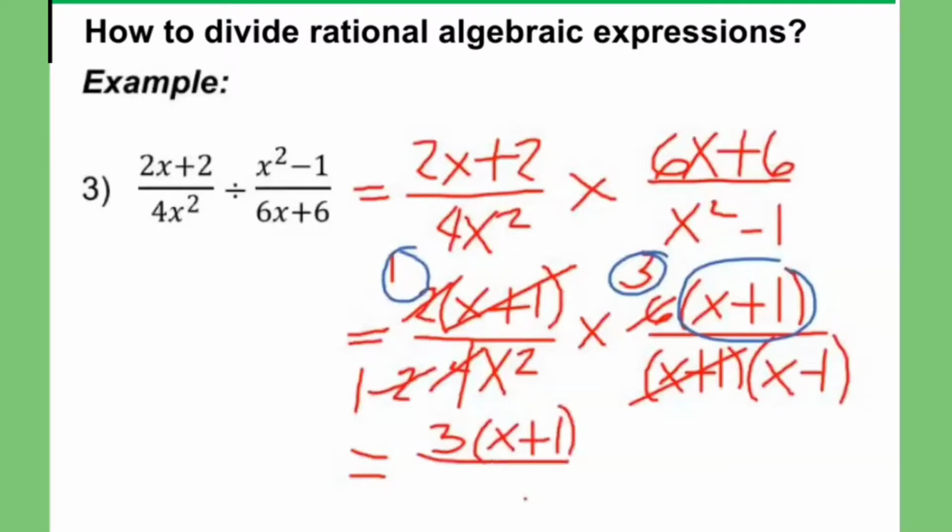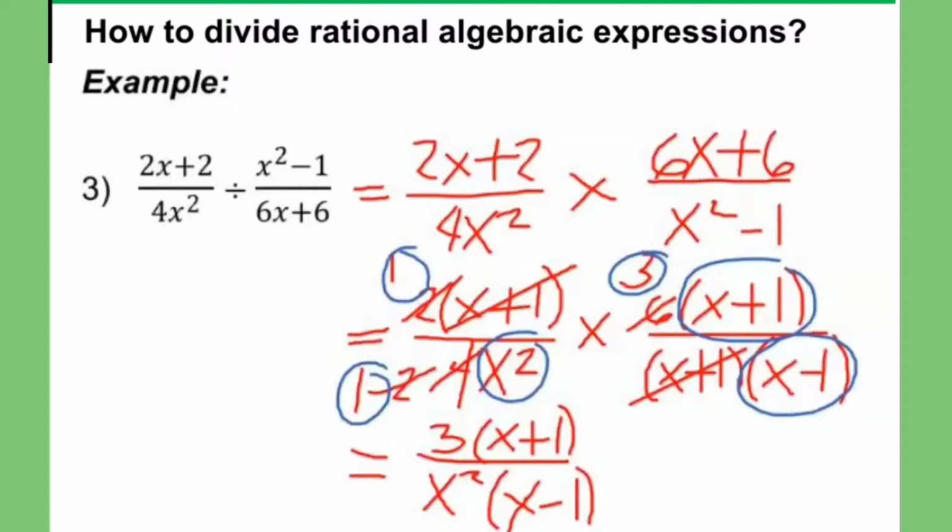And in the denominator, we have 1, x squared, and x minus 1. So, 1 times x squared is x squared. And we just copy x minus 1 for the meantime. And finally, we multiply to get our final answer. 3 times the quantity x plus 1, we have 3x plus 3.